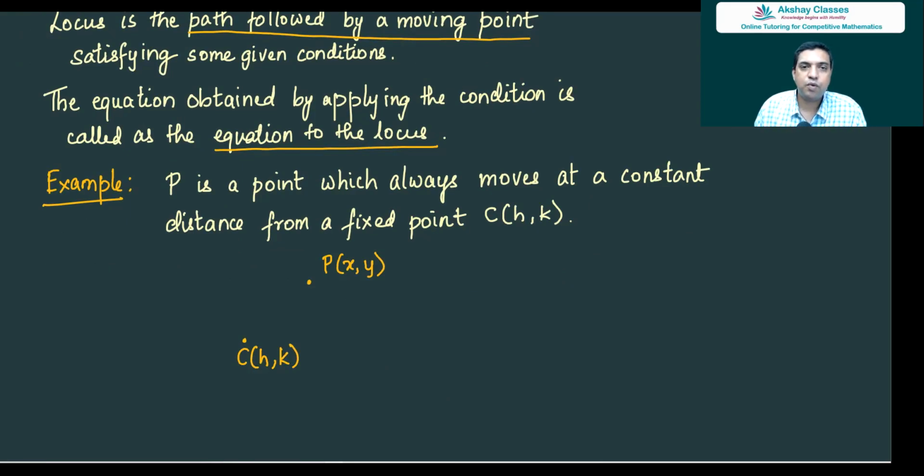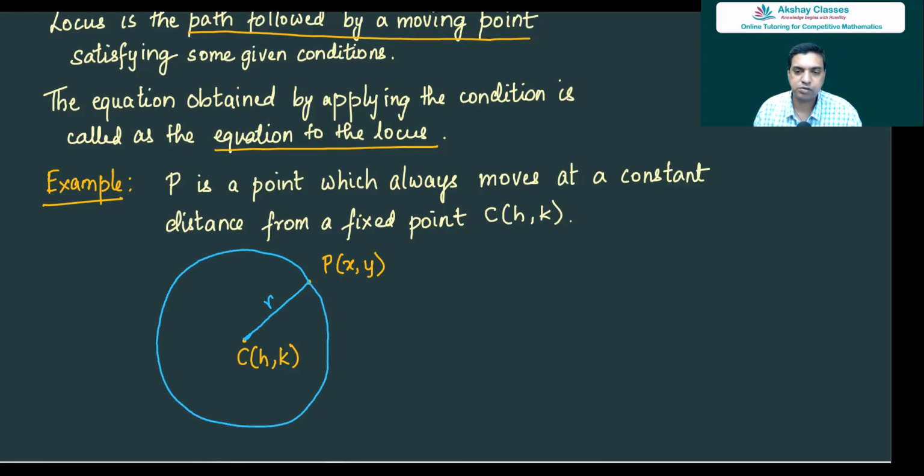Now, what is the path followed by P? The distance CP always remains constant. Let's say the distance is r. Now, P moves in such a way that it forms a circle.